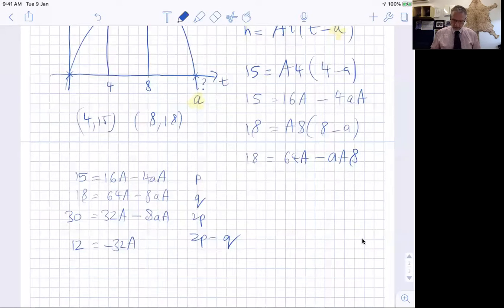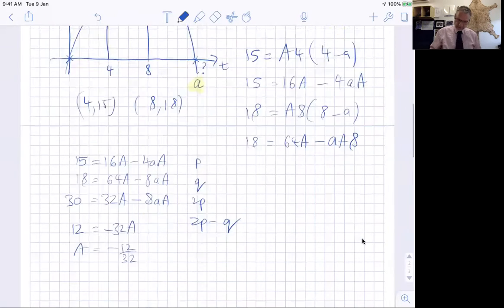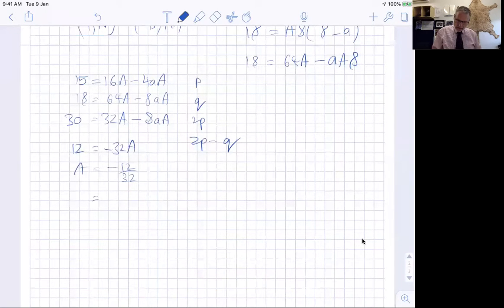So we've got those missing, and then a is equal to negative 12 over 32, which simplifies to negative 3/8. So that's what a is equal to.